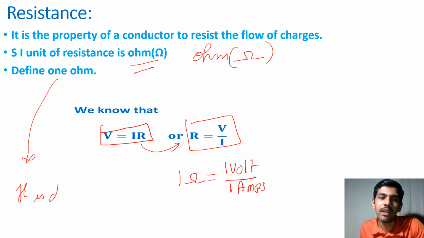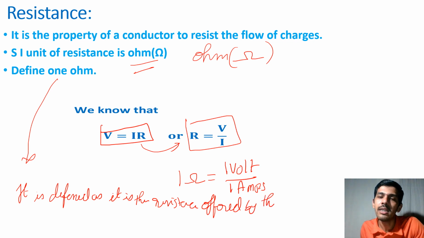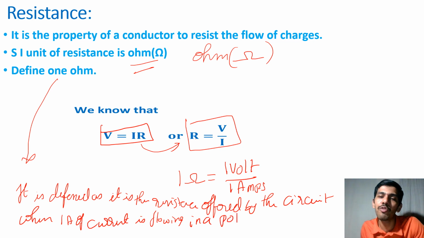It is defined as the resistance offered by the circuit when 1 ampere of current is flowing in a potential difference of one volt.